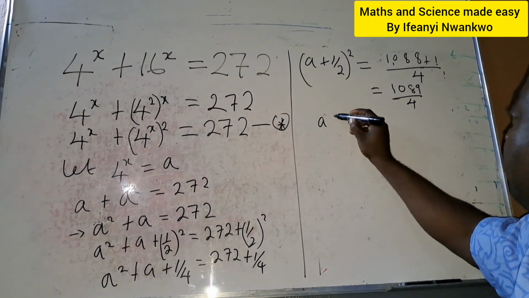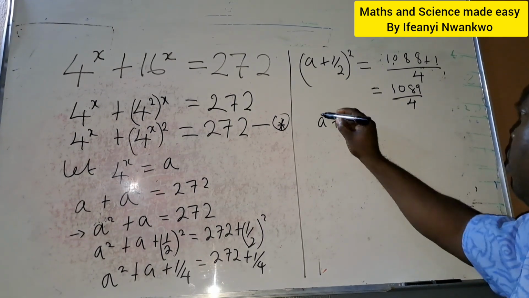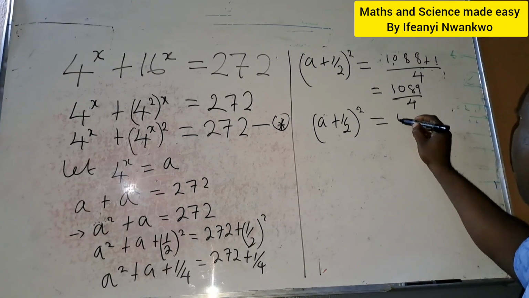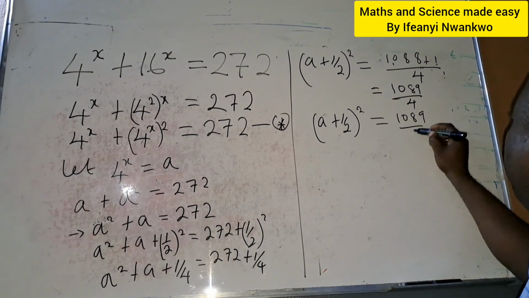So we have a plus 1 over 2 squared equals 1089 over 4.